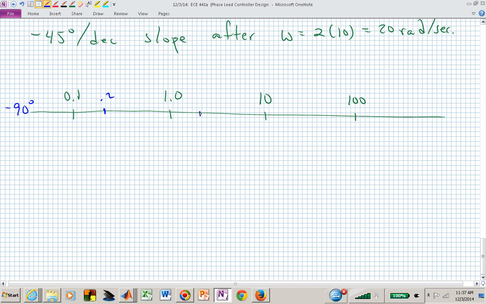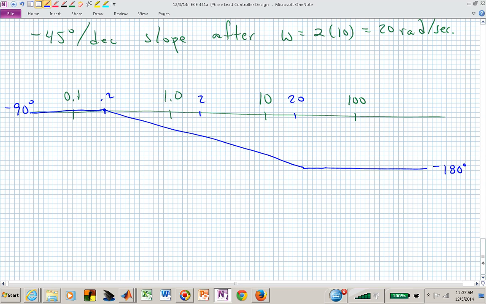There is our pole at 2, but the phase moves smoothly right through that with the same slope. And then at 20 is when we will finally turn off. We're going to be flat till 0.2. Then we will go down to minus 180 degrees after a decade beyond our pole, and that's now the phase curve.